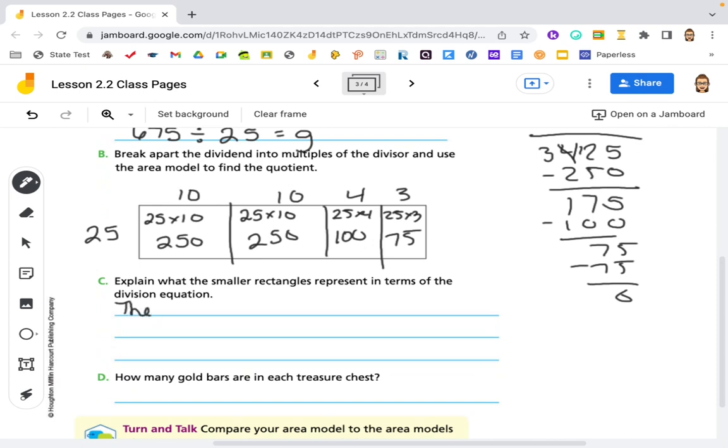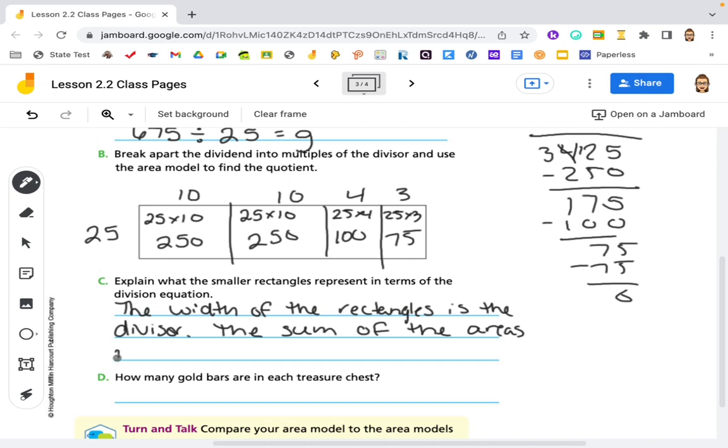So the width of the rectangles is the divisor, the sum of the areas is the dividend, and the sum of the lengths is the quotient.